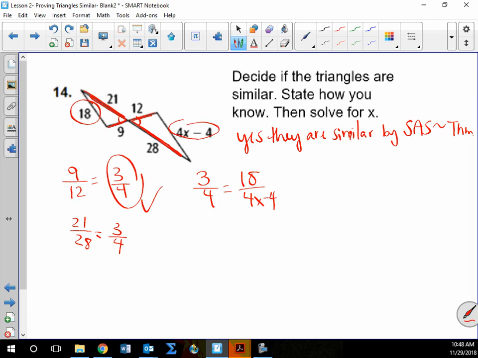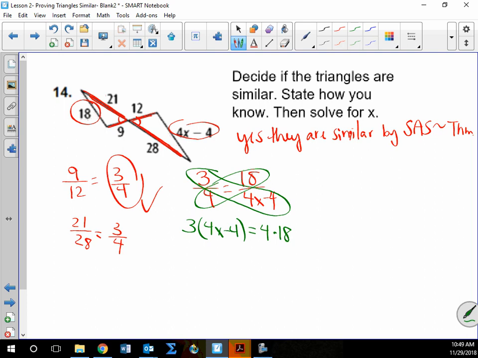We could simplify the right side, but I'm just going to go ahead and cross multiply. You could cross multiply and multiply everything out, but since I know I'm going to have to divide in the end, I'm actually not going to multiply anything out. I'm going to do this 3 times 4x minus 4 equals 4 times 18.